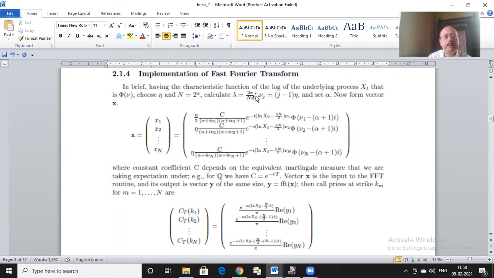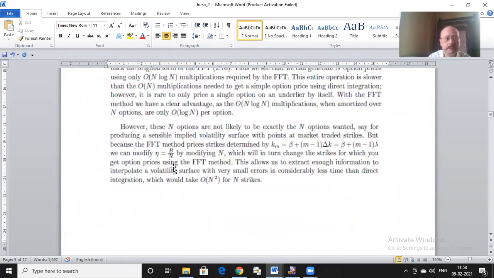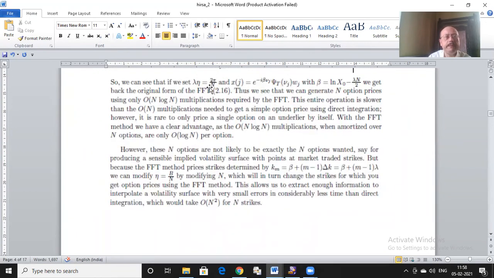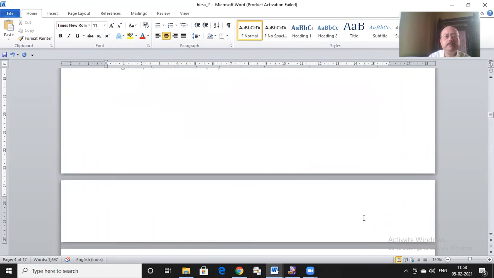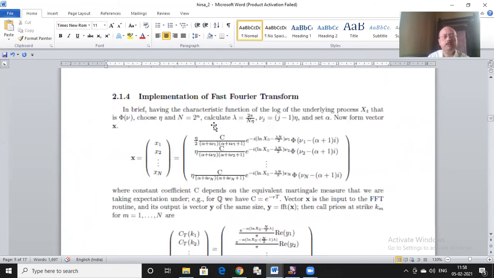We choose lambda equal to 2 pi by N eta, so that lambda eta is 2 pi by N, as we have mentioned here. So once I choose eta, I automatically have lambda from N and 2 pi.